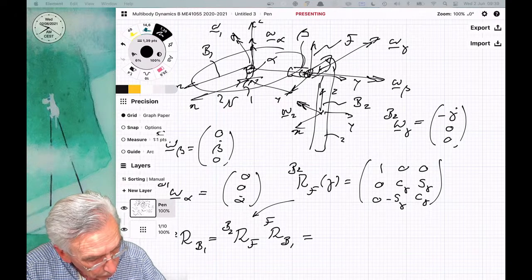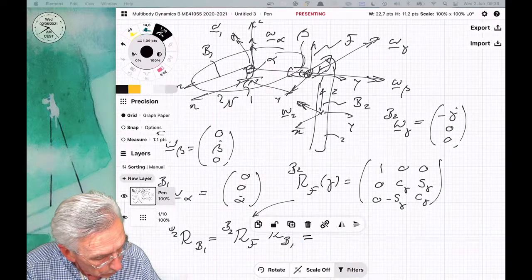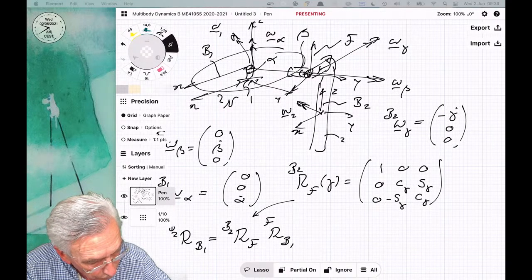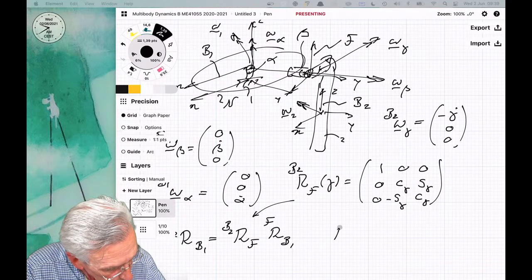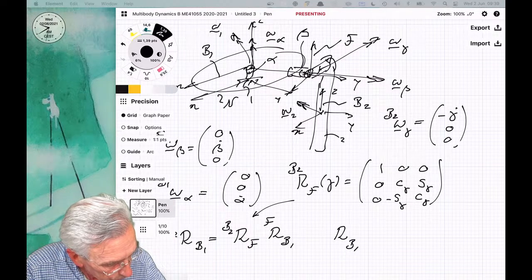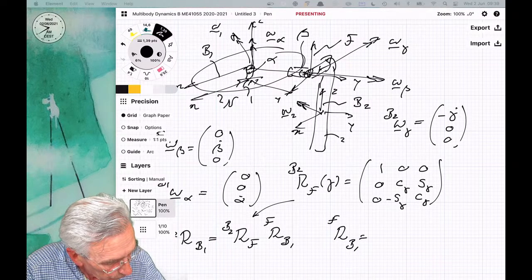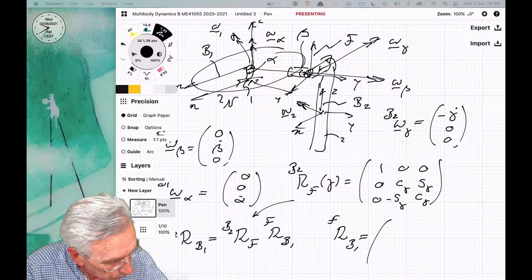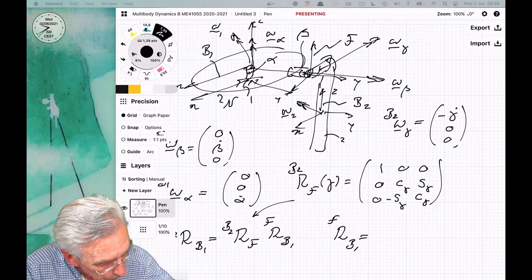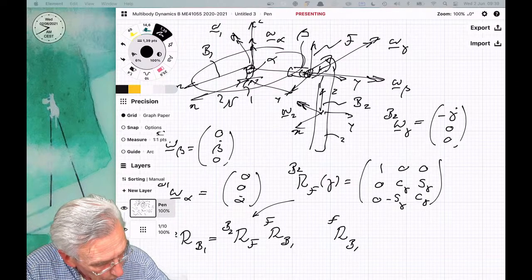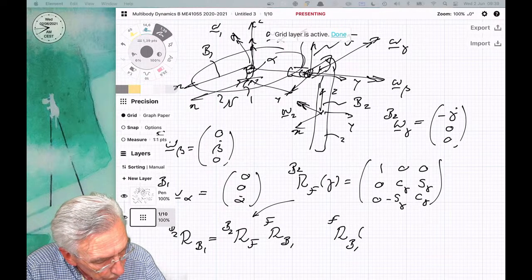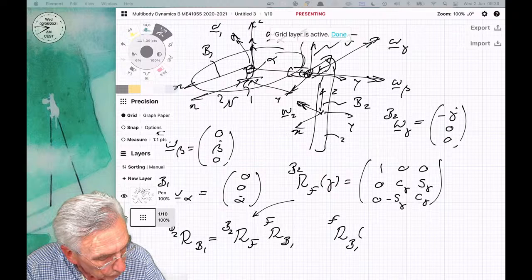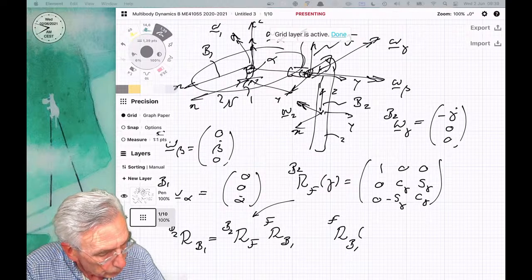Okay, so then the only thing we have to define is this guy. Rotation matrix from B1 to F is, and that's again a rotation matrix which is a function of, so from B1 to F. So what is the difference?